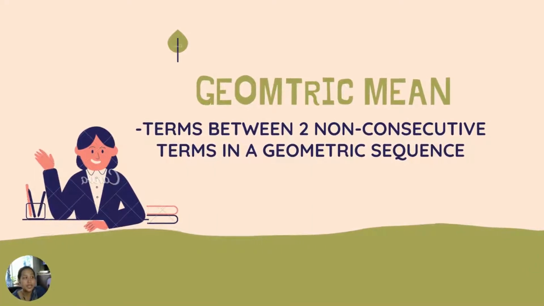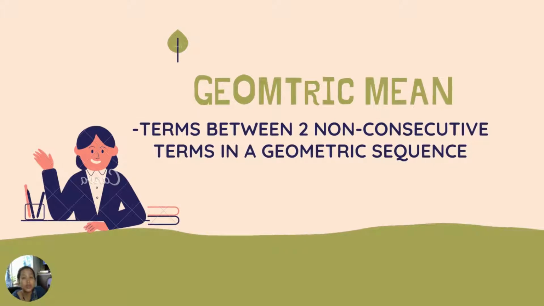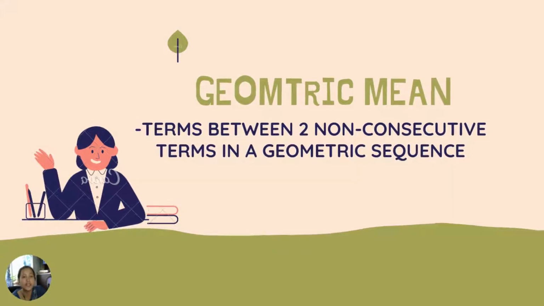We describe arithmetic means as the terms between two non-consecutive terms of an arithmetic sequence. Similarly, inserting a certain number of terms between two non-consecutive terms in a geometric sequence is what we call geometric means. Let's take this as an example.